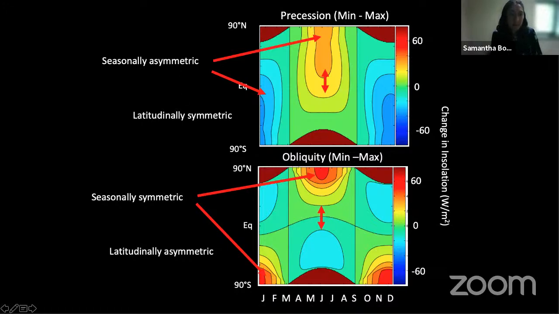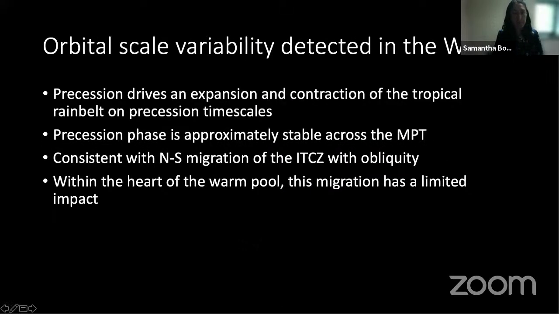And just a couple of things to highlight, of course, are that the precession forcing is seasonally asymmetric but latitudinally symmetric, whereas obliquity forcing is seasonally symmetric and latitudinally asymmetric. So there are really important differences in the flavor of temperature gradients produced by these two different orbital forcings that lead to these differences in the precipitation response and the response of the ITCZ.